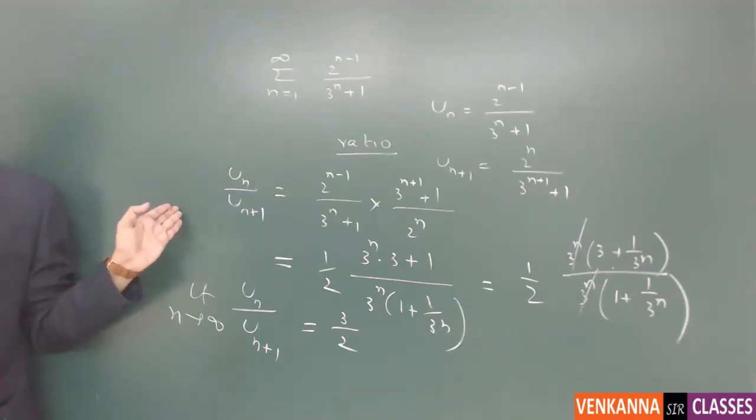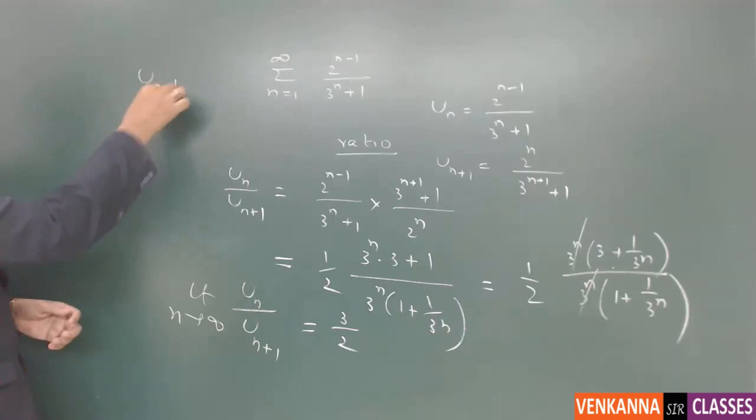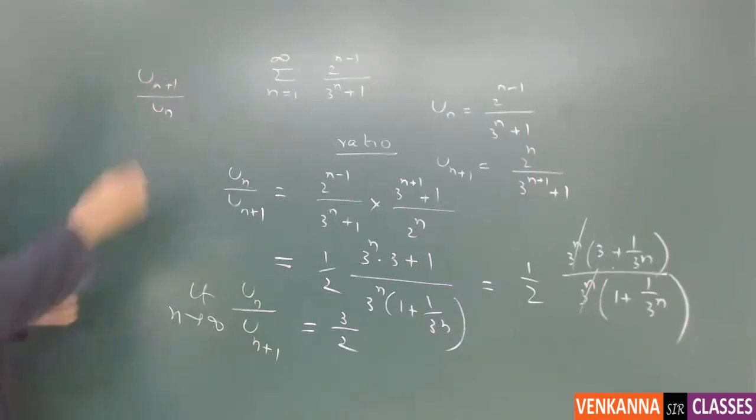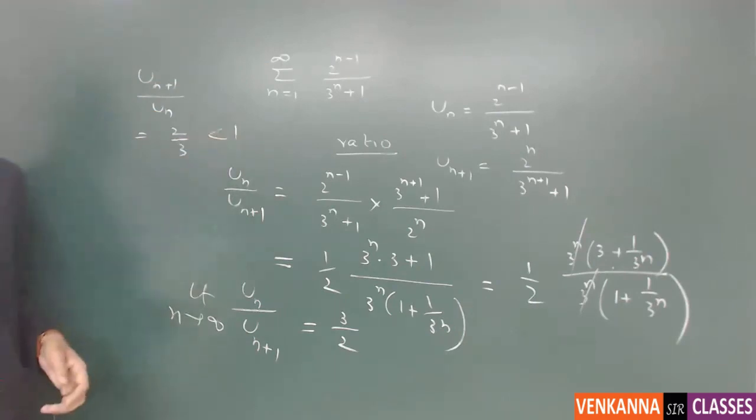So please take a note of this. Then I will take one previous problem which is given earlier. After noting, please inform. Yes, we can apply un plus 1 by un. So then the limit value will be 2 by 3. Since it is less than 1, by ratio test it is convergent.